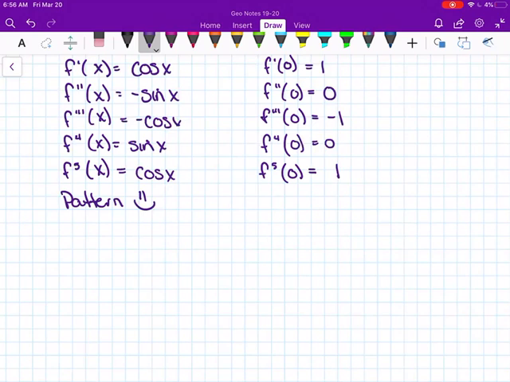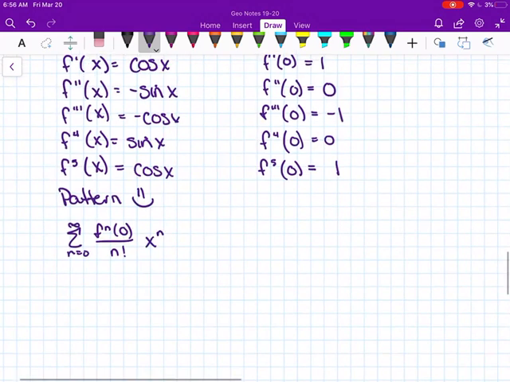And then when we continue this, we can see that our series from n equals 0 to infinity of f of n at 0, the nth derivative at 0 divided by n factorial times x to the n, right? Because our c value is 0.